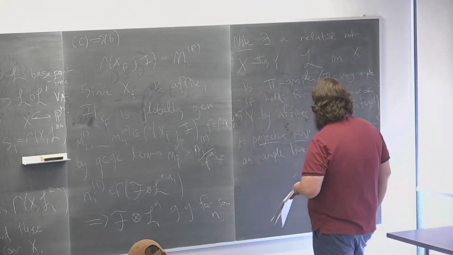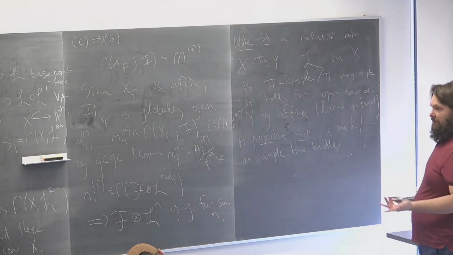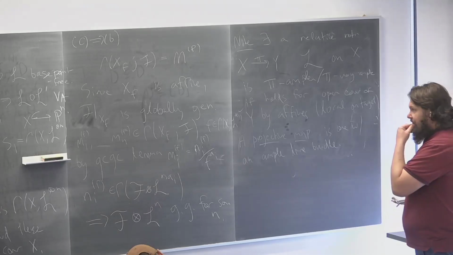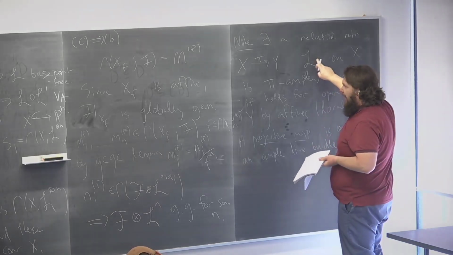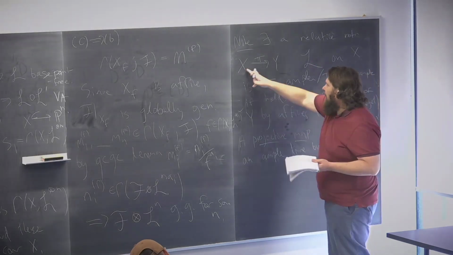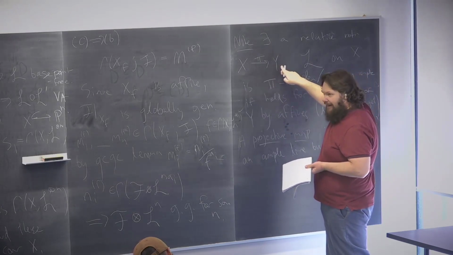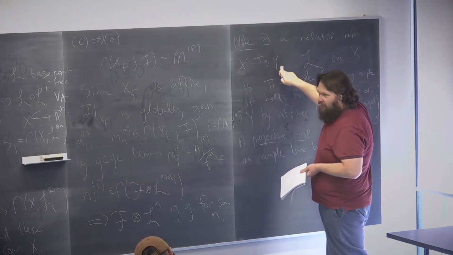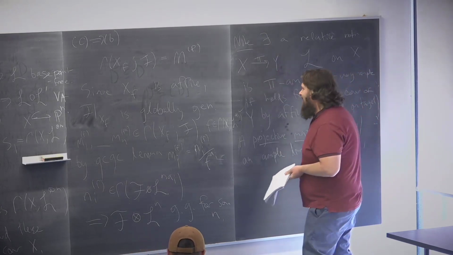And one of the things that I think we're just going to have to skip for time is that there's a notion of relative Proj. Right? So I could look at this line bundle on X, look at its powers, and push those forward to Y. And I would get a graded algebra of coherent sheaves on Y. And there's a notion of Proj of that.